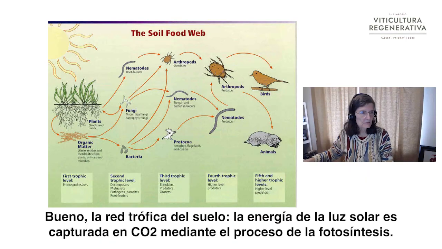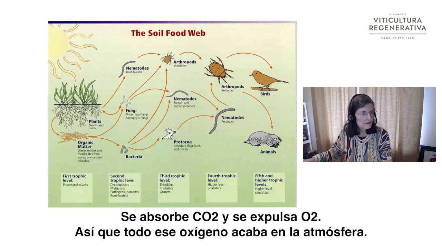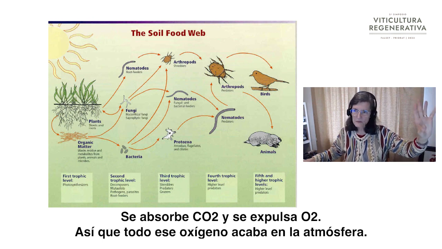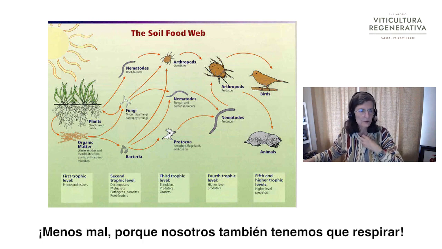Sunlight energy is captured in CO2 through the process of photosynthesis. So you're taking CO2, blowing off the O2. All of that oxygen is going off into the atmosphere. Thank goodness, we need to breathe too.